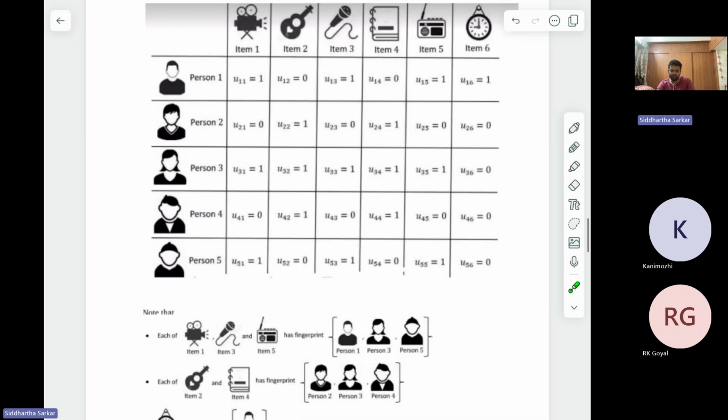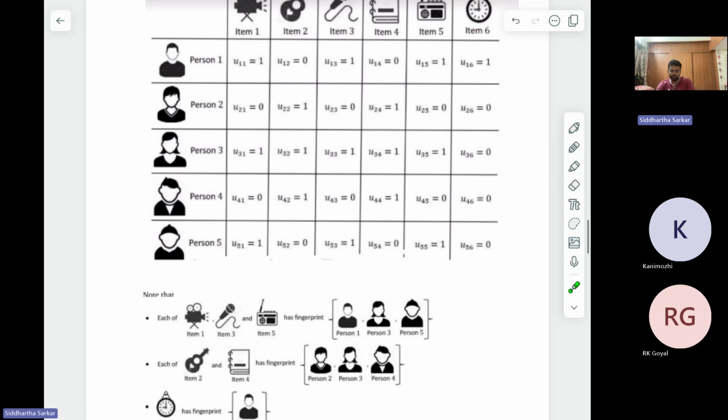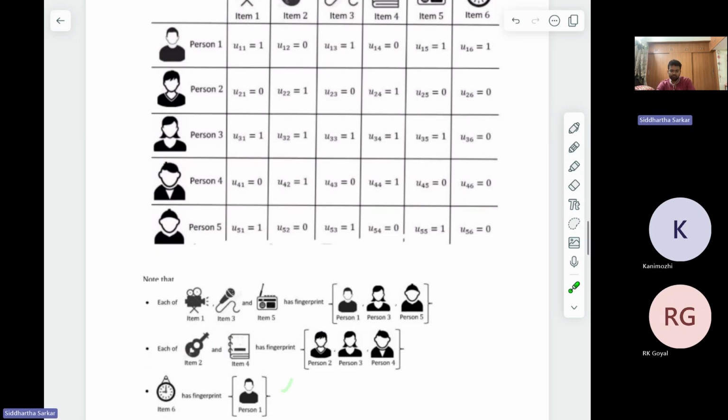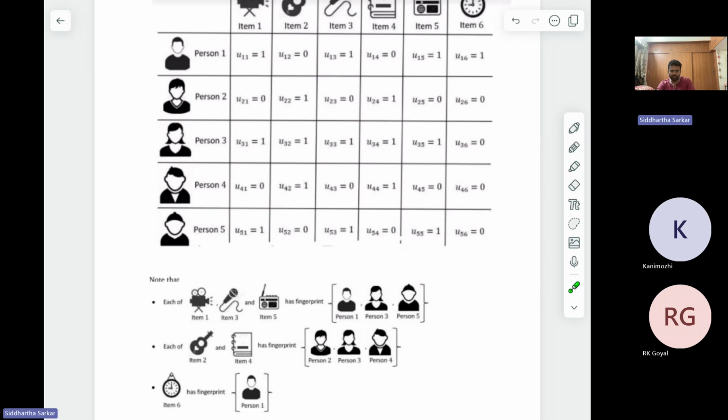Similarly, this guitar is loved by these three people, so the guitar's fingerprint is these three. The notebook's fingerprint is also person 2, person 3, and person 4. So far so good. We are left with one more item. So for every item, we have defined what is called a fingerprint.